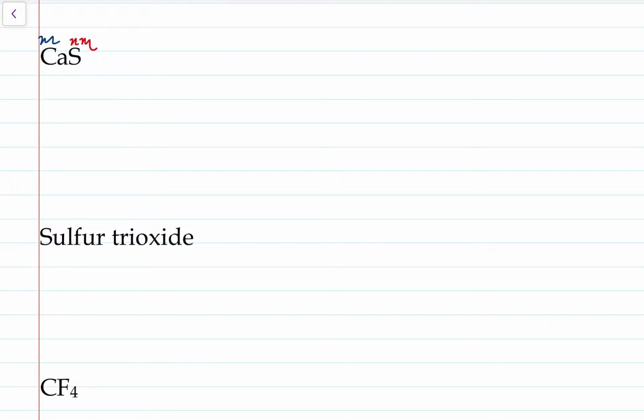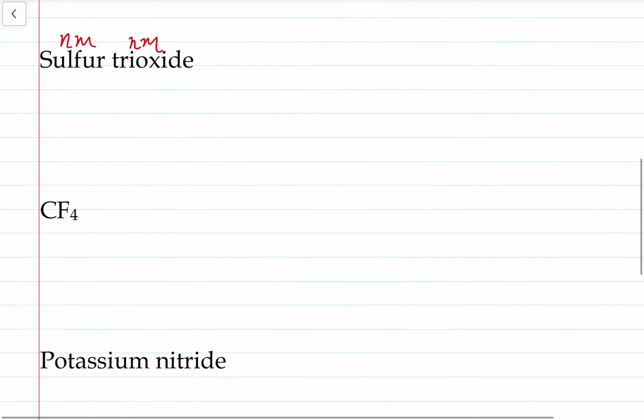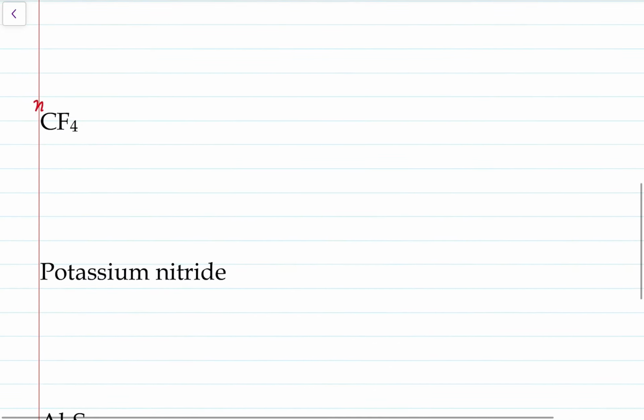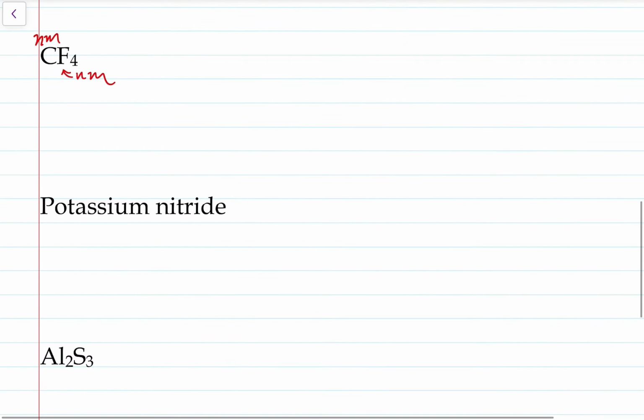Sulfur trioxide. Okay, so that's a nonmetal. And a nonmetal. Oxygen. Carbon is a nonmetal. And fluorine is a nonmetal. Potassium is a metal.